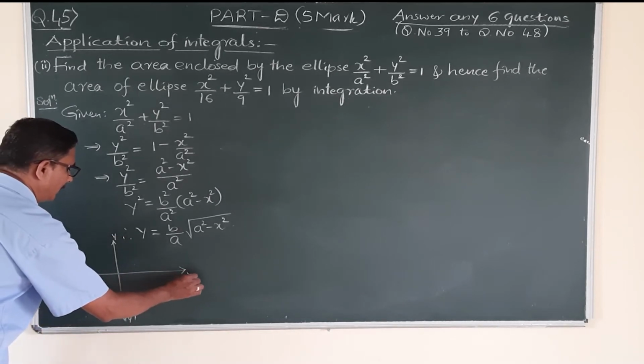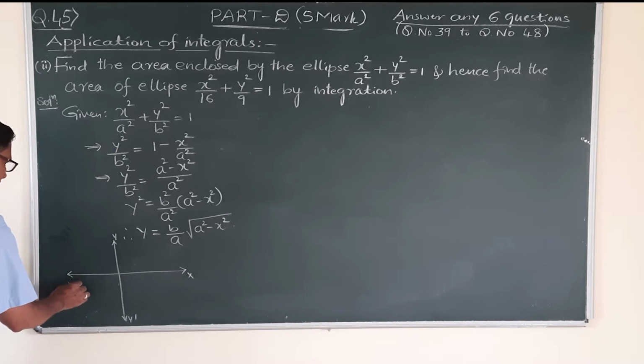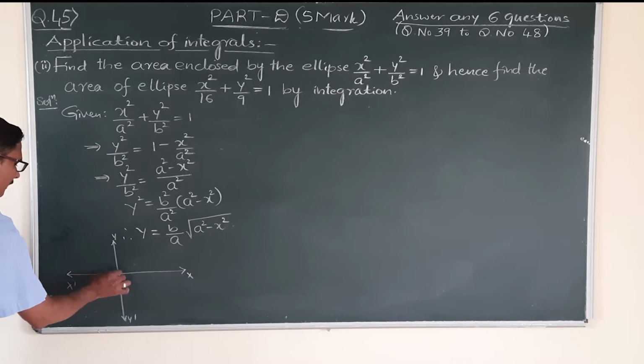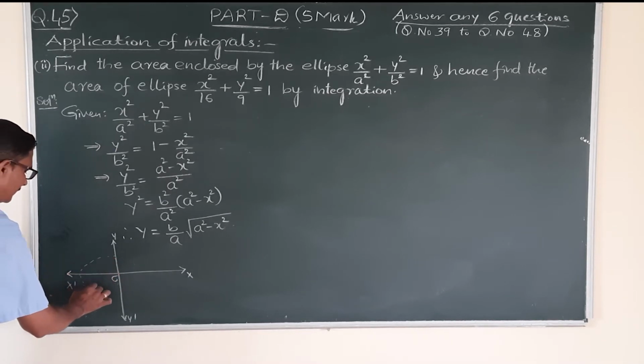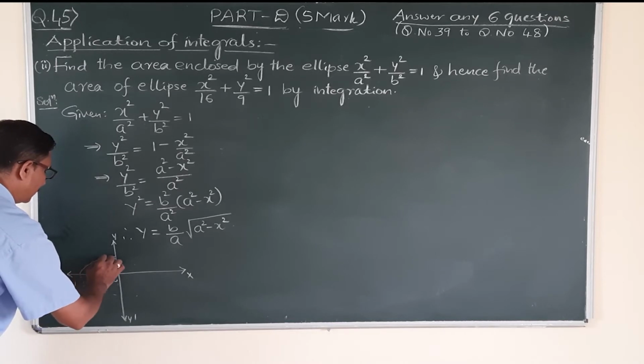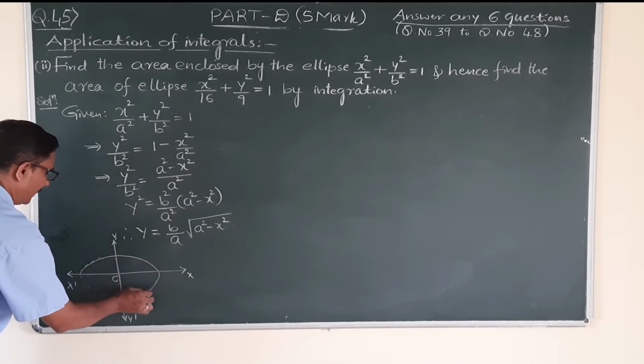Now here x square by a square plus y square upon b square is equal to 1 represents the standard equation of ellipse. The ellipse looks like this, a symmetric curve.